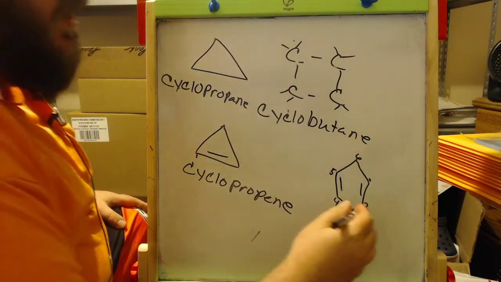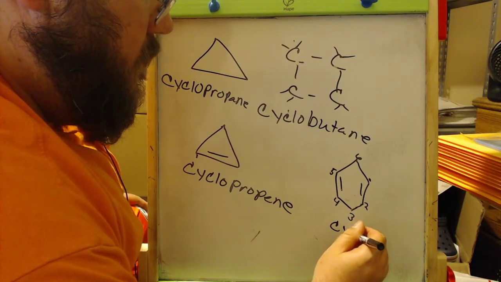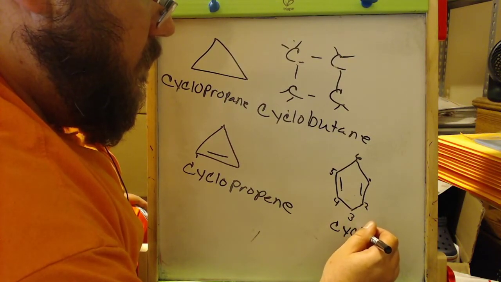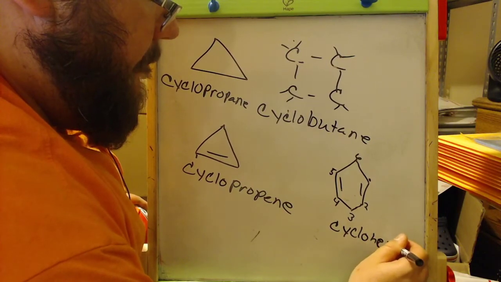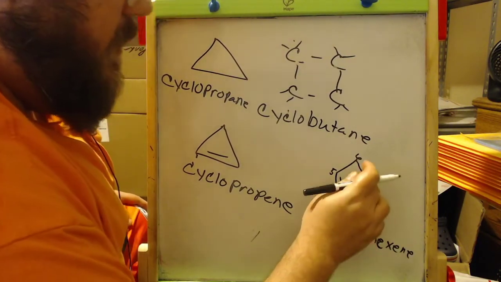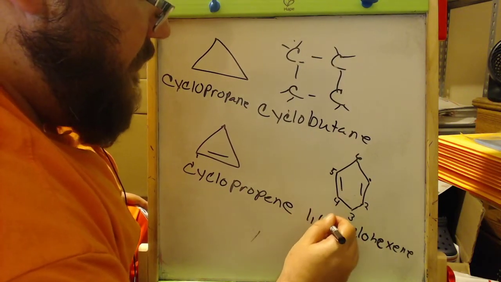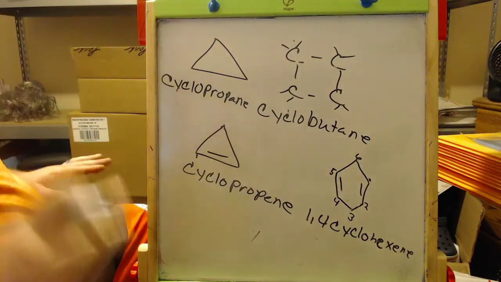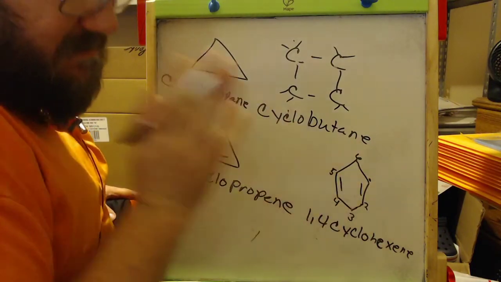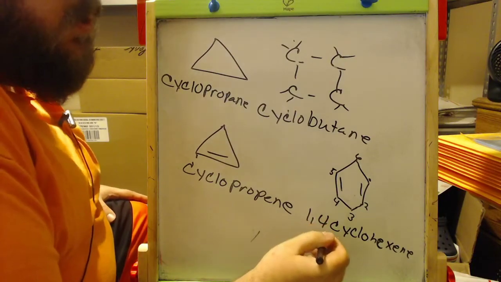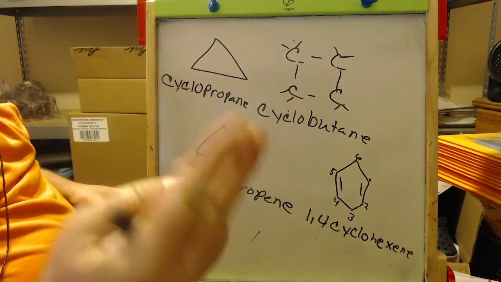Okay, so how would I name this? Well, it's cyclohexene. And where is it? 1, 4 cyclohexene. If you really want to get complicated, you could call it 1, 4, and no one does this, but technically if you're following IUPAC, you could. 1, 4 cyclohexadiene, because there's 2 double bonds.